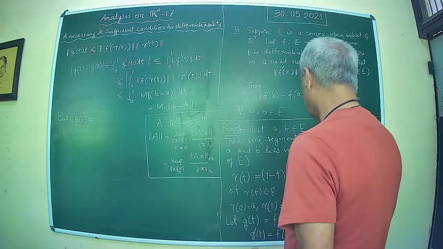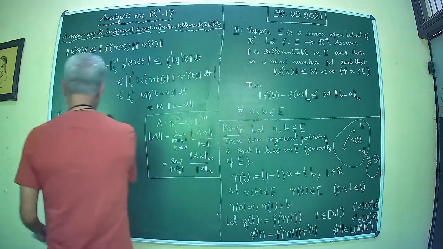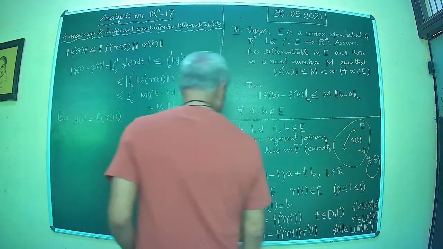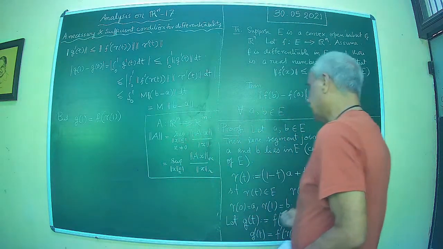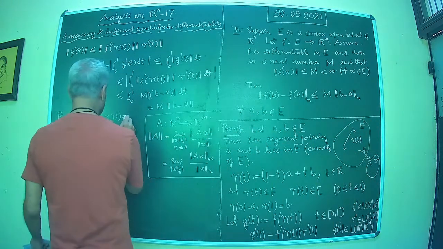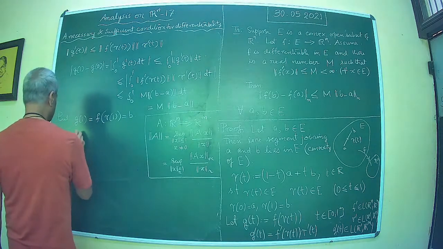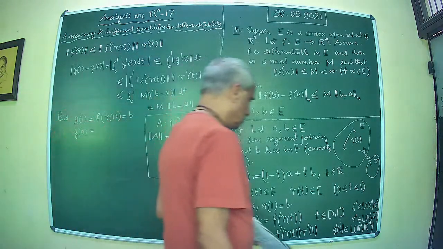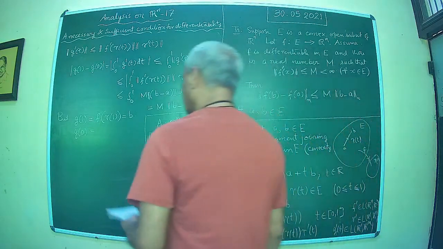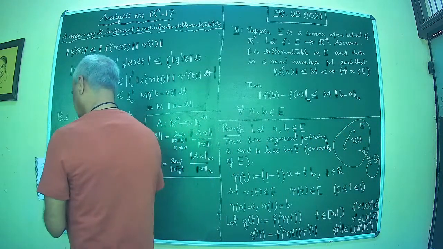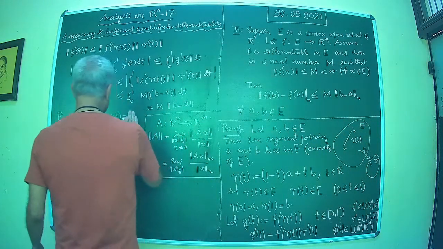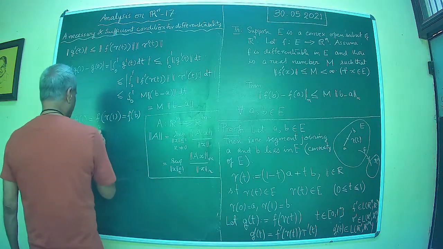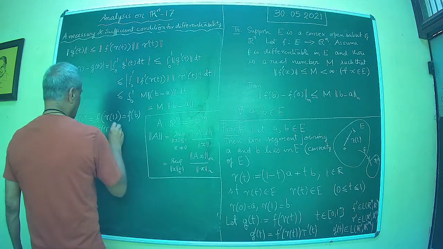So this is equal to F of gamma 1, and gamma 1 we have seen is equal to B. Sorry, this is F of B, and this is equal to F of gamma 0.